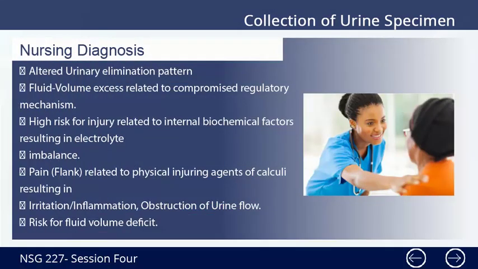Nursing diagnosis: 1. Altered urinary elimination pattern. 2. Fluid volume excess related to compromised regulatory mechanism. 3. High risk for injury related to internal biochemical factors resulting in electrolyte imbalance. 4.